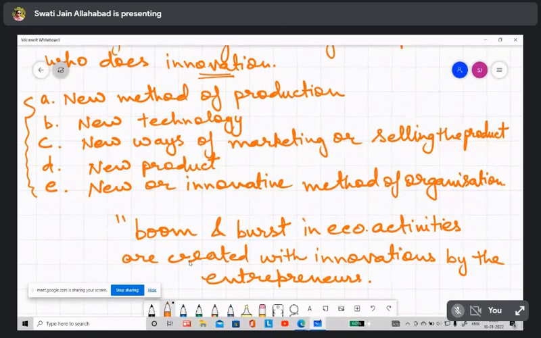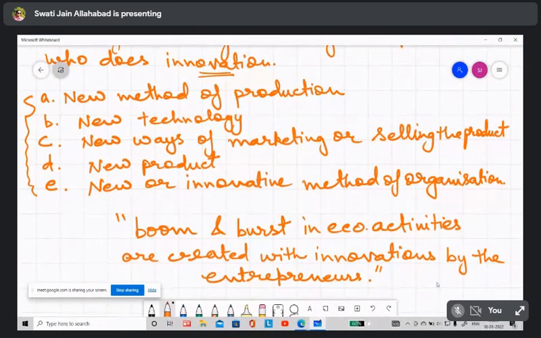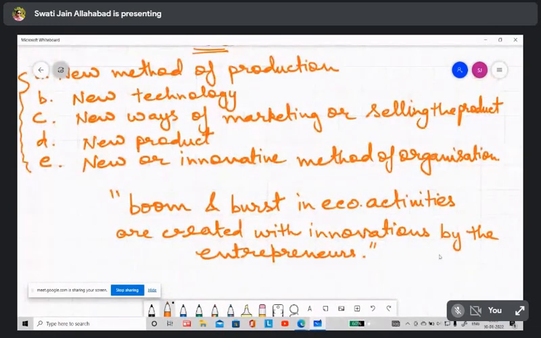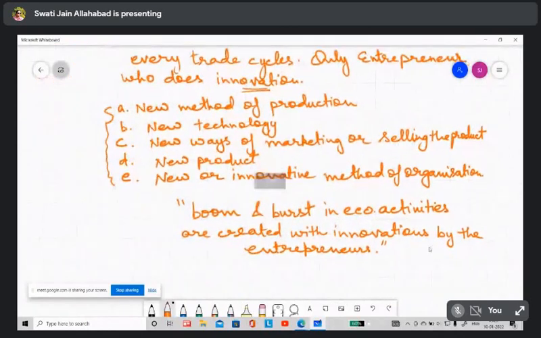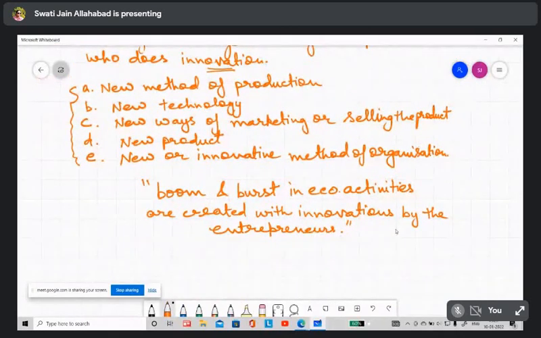So this is important for us to emphasize. Boom and burst in economic activities are created with innovation. So as the innovations take place, economic activities take place. When we are using the term innovation, there is another term, which is invention. So innovation and invention are two different terms, right?